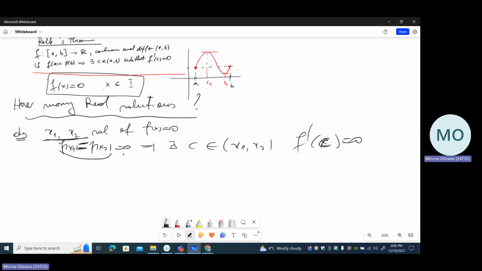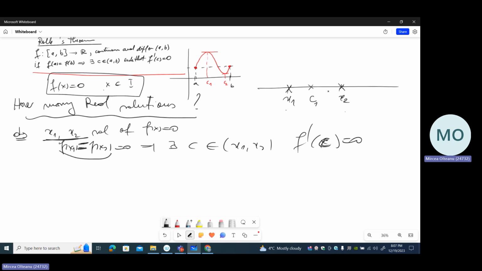So, of course, we suppose that x1, x2 is inside an interval on which the function is defined. We are talking about intervals just. So if x1 is here and x2 is here, if f vanishes at both x1 and x2, then there must be at least a point C between them where the derivative vanishes. So between two roots of f, there must be at least one root of the derivative.